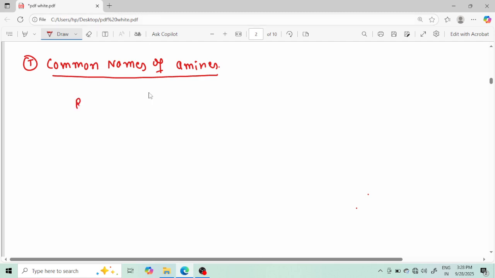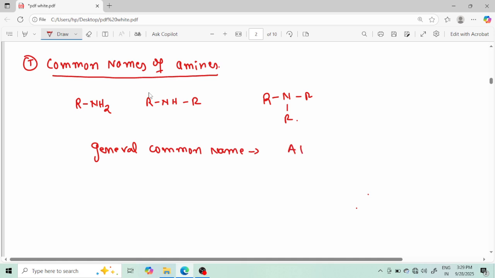If I give you RNH2, the general form, or this one also, or this one also, their general common name is alkyl and then amine. I will classify this as aliphatic amine, and another one we will be doing is aromatic amine.